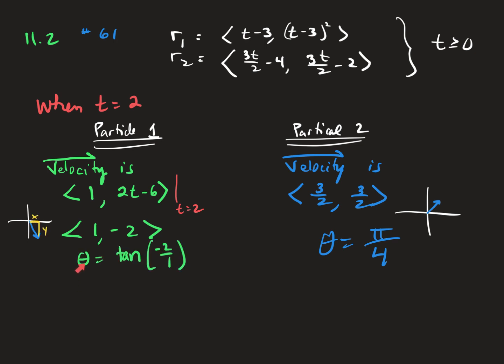So the inverse tangent of the y-coordinate over the x-coordinate. There you go. Particle 1's motion is moving in the direction of the inverse tangent of -2. Particle 2's motion is in the direction of 45 degrees, counterclockwise of the positive x-axis. And that's it. We're done with number 61.